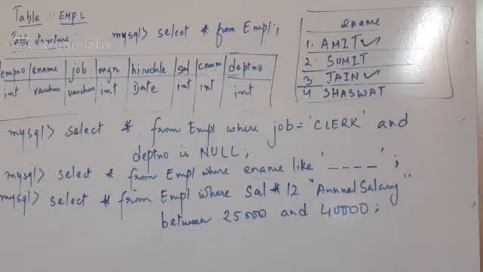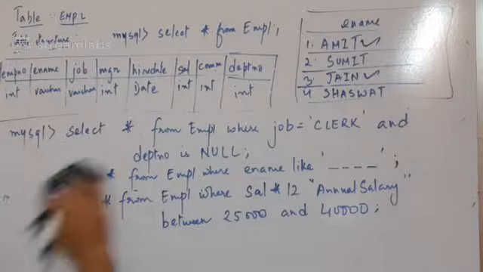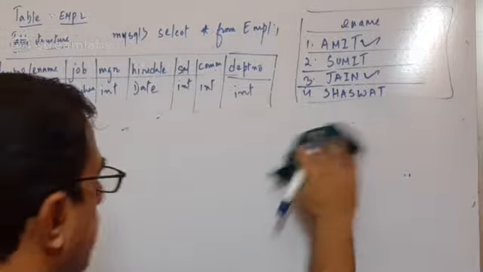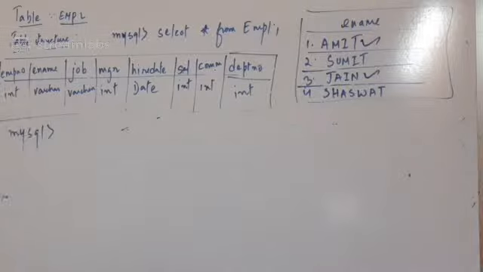Now see, the next question is how many job types are offered to employees. So what is the meaning of this question? How many job types are offered to all the employees? So job types means what? As I just told you, there can be multiple values under the job column which could also have repetition.